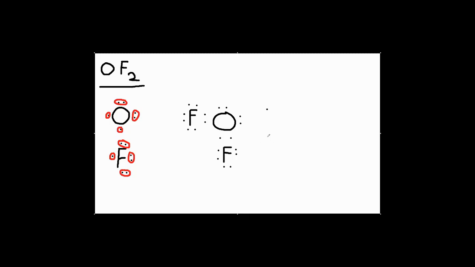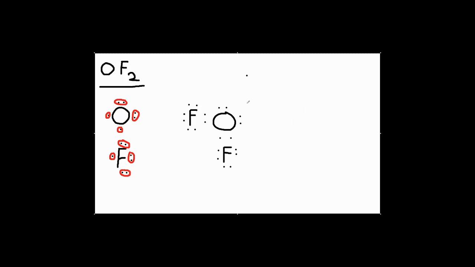So remember we had 2 lone pairs for oxygen, 2 bonding points, 3 lone pairs for fluorine, and 1 bonding point. So you're also probably going to wonder how many bonds and how many lone pairs are in this shape right here. And I'm going to show you.